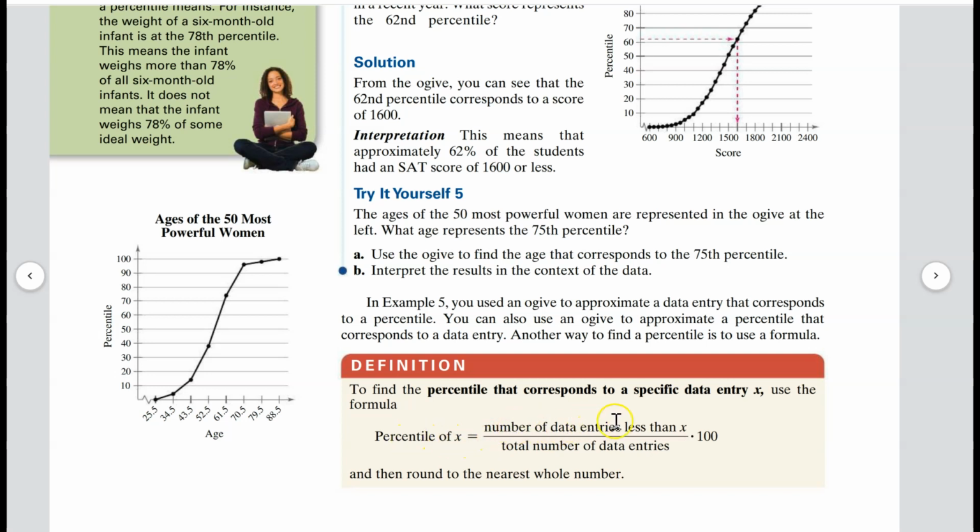You take the number of data entries that are less than that data entry x, and you divide it by the total number of data entries. You multiply that result by 100, then round to the nearest whole number. Not up like we did before, but just to the nearest whole number. Okay, maybe we'll get a good example of it on the next page.